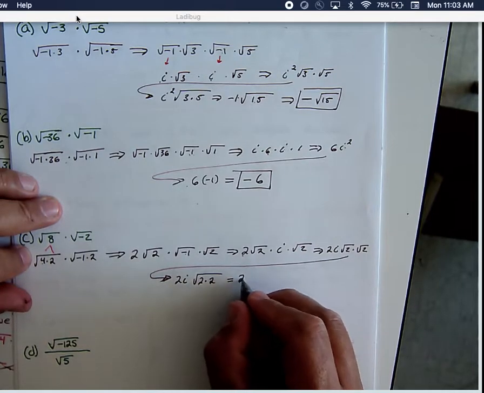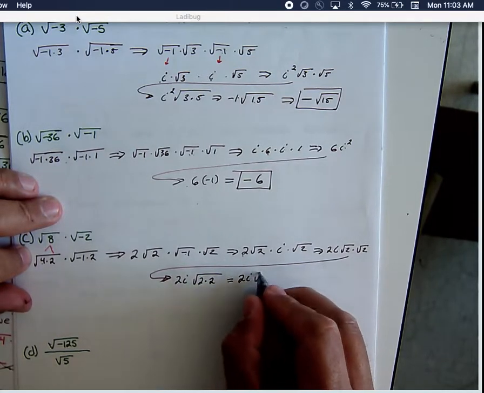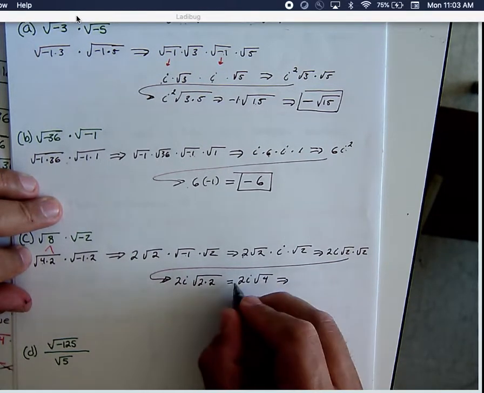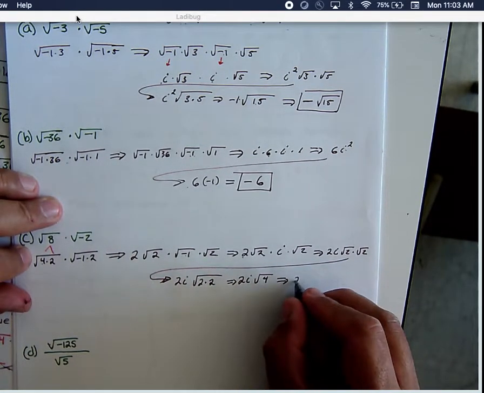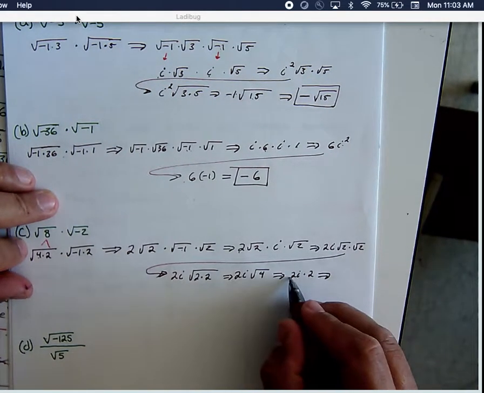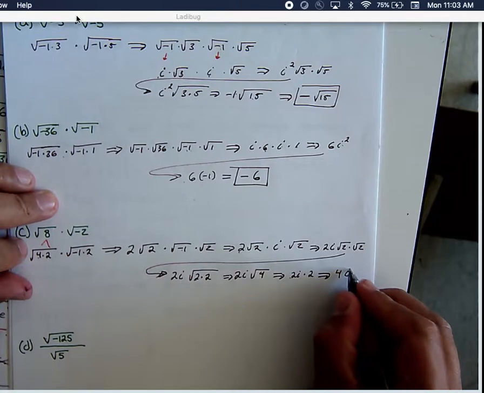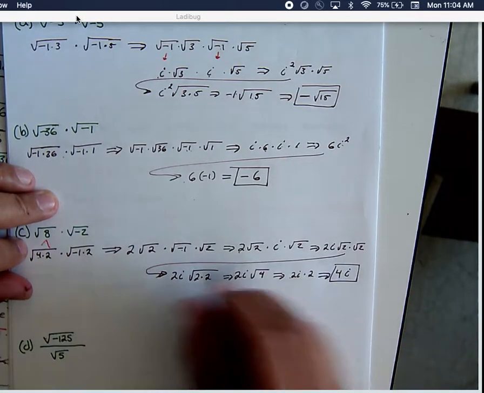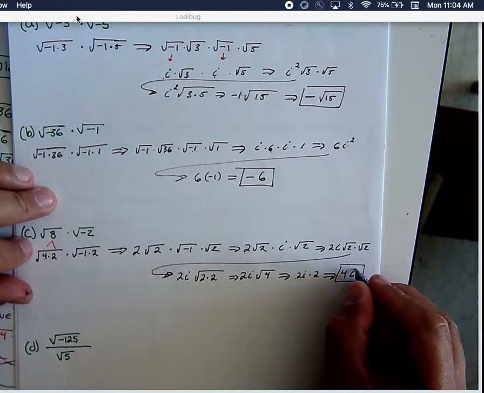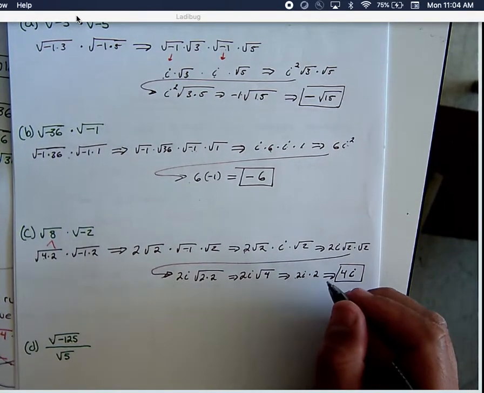So this would be 2I, 2 times 2 would be 4. Square root of 4 would be 2. So 2I times 2. And now simplify, 2 times 2 would be 4I. I could have solved this really quickly, but I'm just showing you all the steps. 4I.